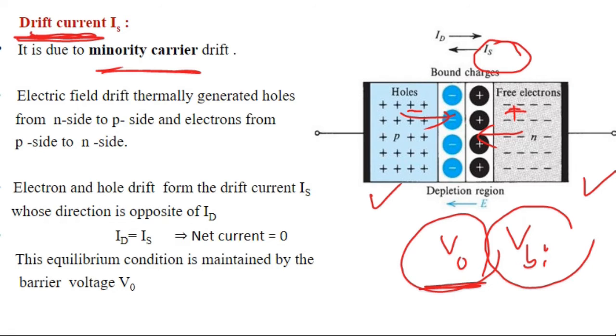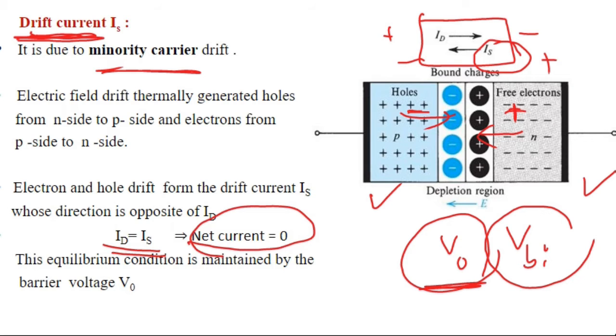Here Is is flowing from positive to negative, and diffusion is flowing from majority positive to majority negative, and here minority positive to minority negative. So you can see your Id and Is have different directions. That is, Id will be equal to Is, and it is in the opposite direction. So the net current flow inside the semiconductor near the junction will be equal to 0.